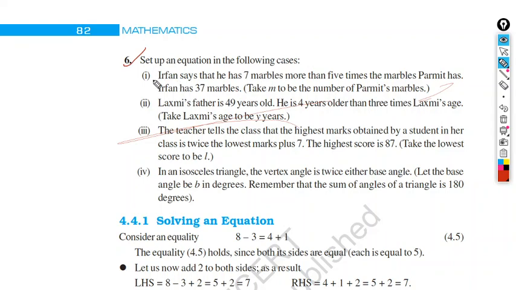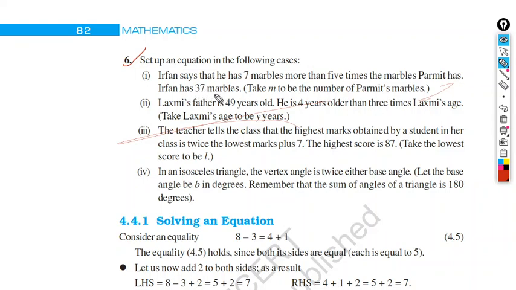We have to set up some equations. Irfan says that he has 7 marbles more than 5 times the marbles Parmit has. Irfan has 37 marbles. So again we'll read.